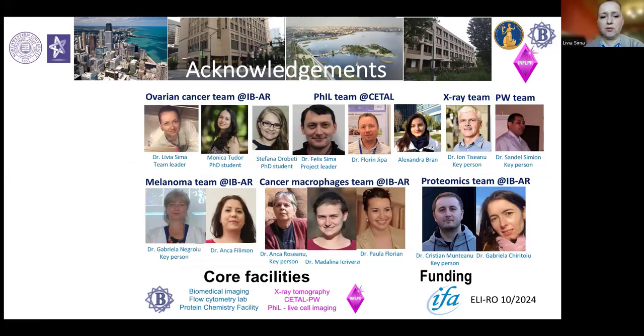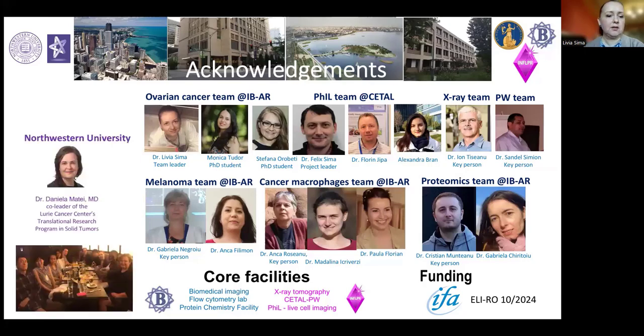So we'll look at ovarian cancer and melanoma and different subsets of immune cells, such as macrophages and T cells, and perform proteomics to look at the secretome of cancer cells exposed to electron flash. And we also benefit from our advisor, my mentor from the postdoc, Dr. Daniela Matei, an oncologist in the OBGYN at Northwestern.